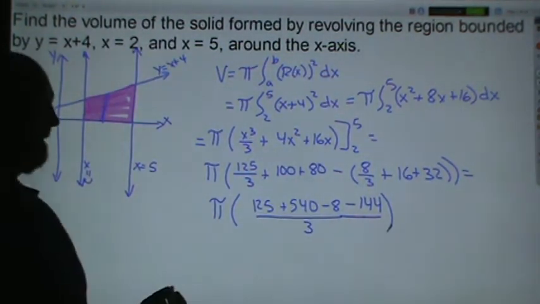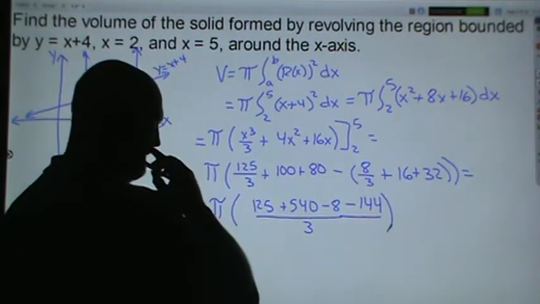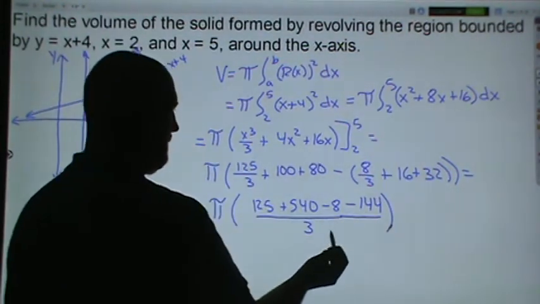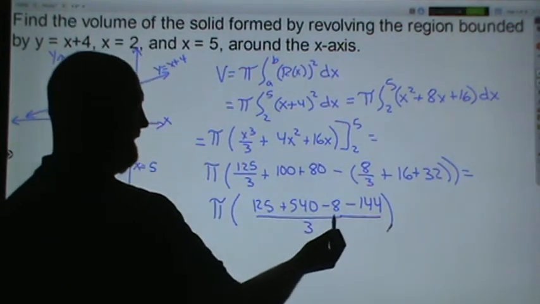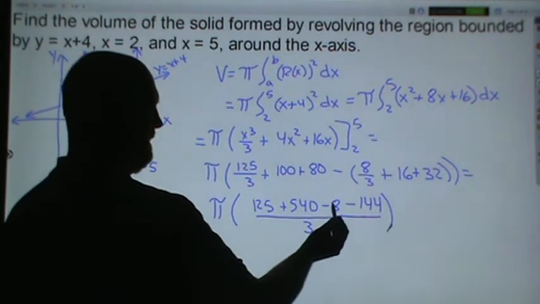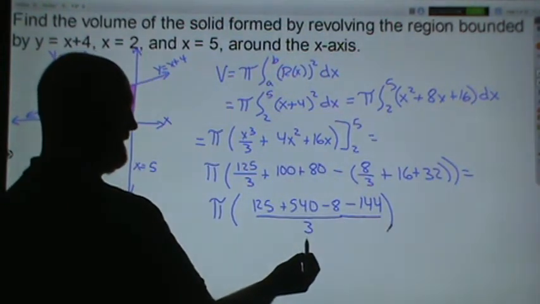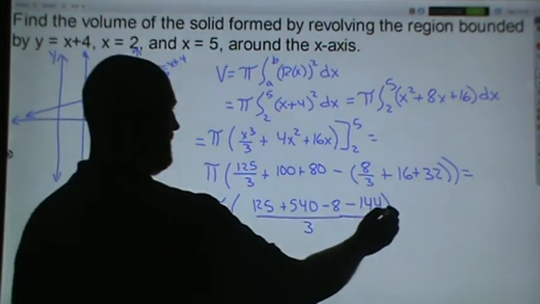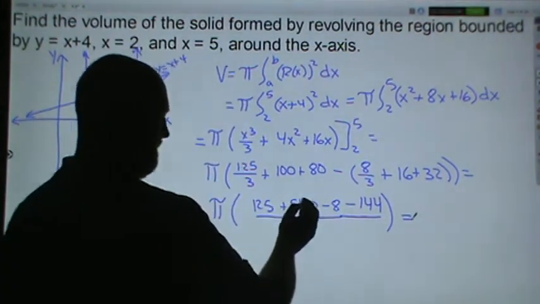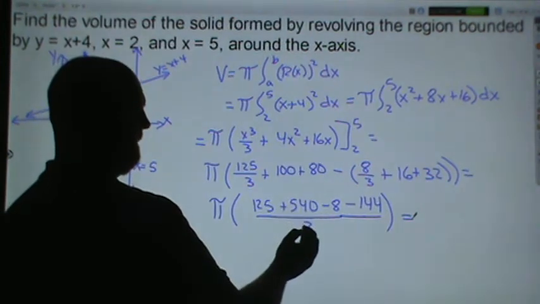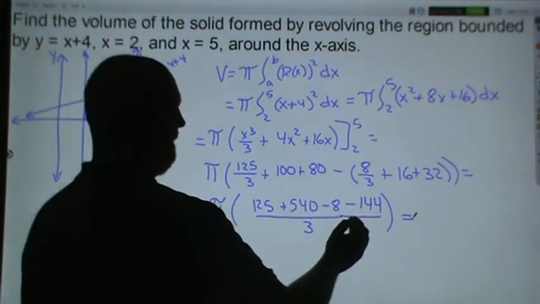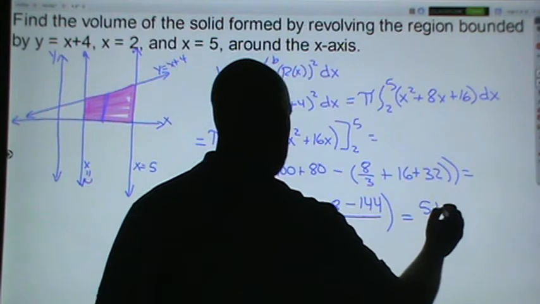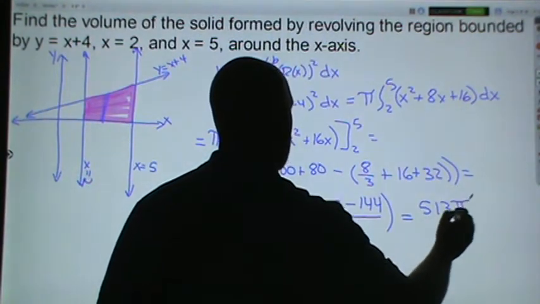So if I take 125 and subtract 144, that gives me a negative 19, and the negative 8 is a negative 27. So if I have negative 27 from 540, that should be 513 pi over 3.